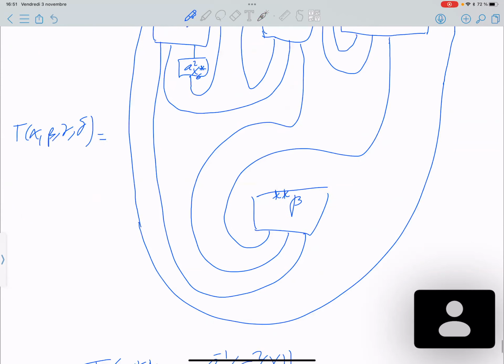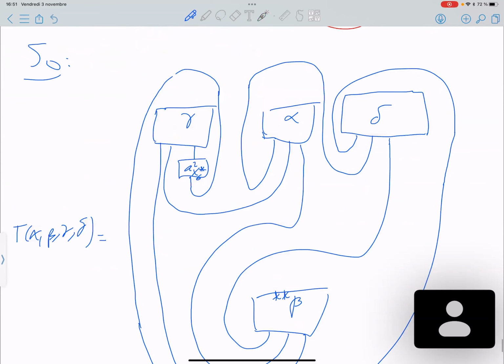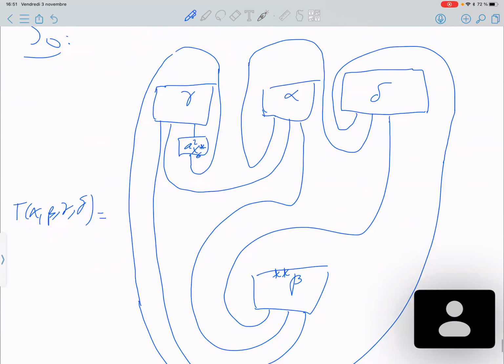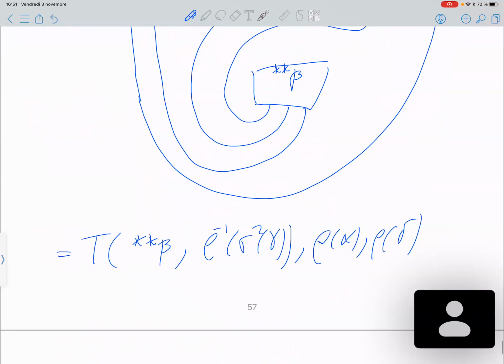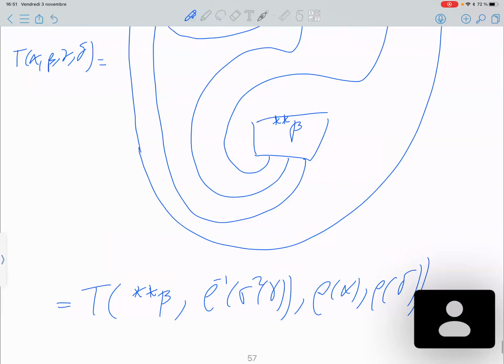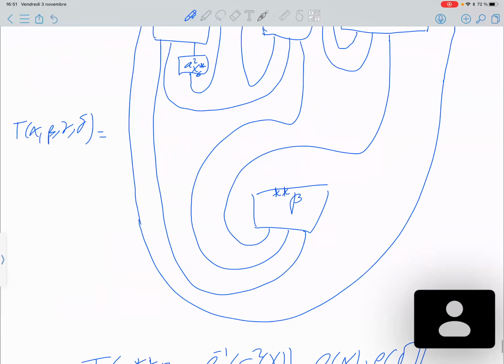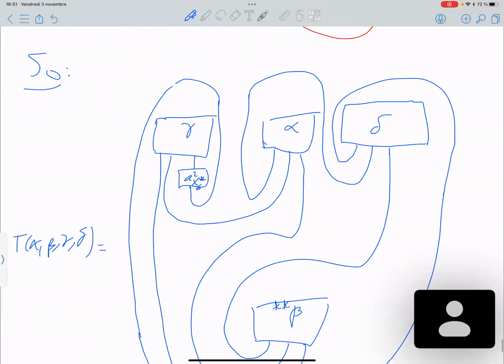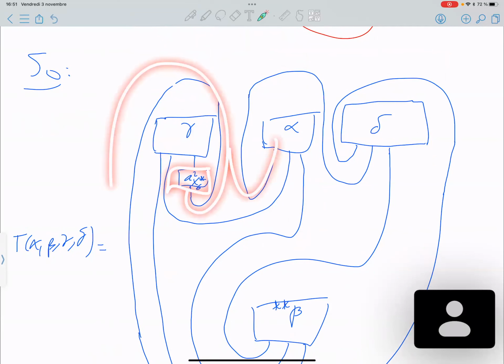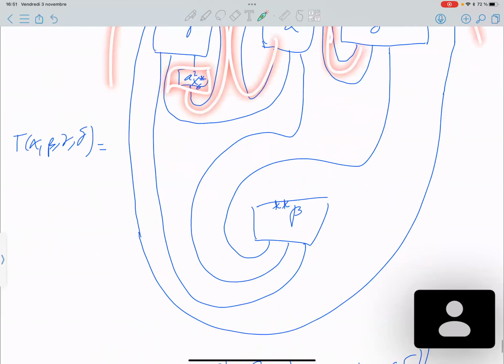Then you have rho of alpha and rho of delta. Rho of alpha, rho of delta. Okay. So here you really have rho, you have sigma square and rho inverse. Rho, etc. So you really have this.